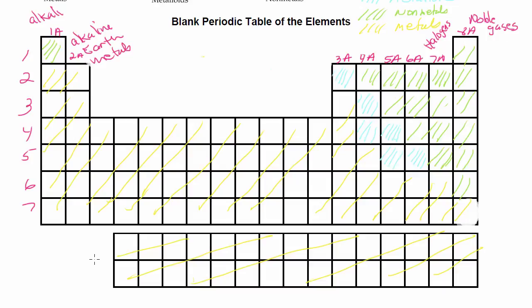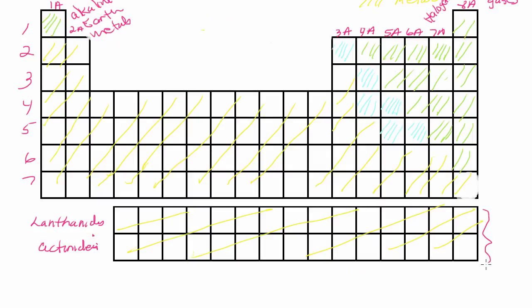Okay, we have those labeled. This row here, these are our lanthanides. And we have our actinides. Together, these two rows are our inner transition elements. And these elements here, we know that these are our transition elements.